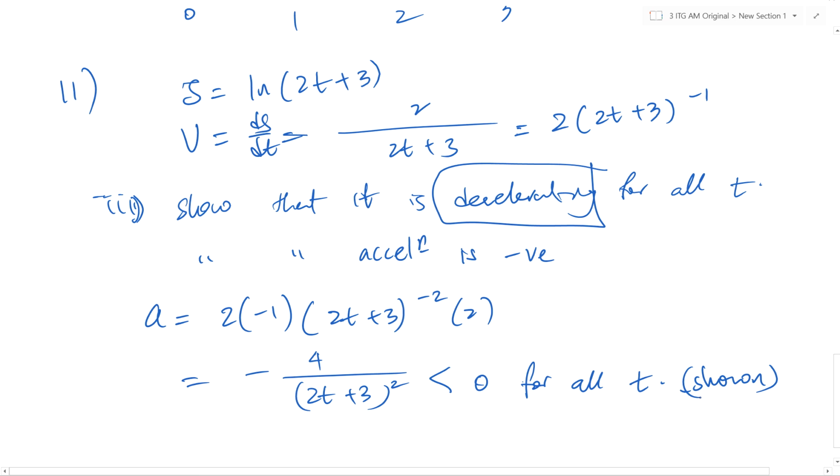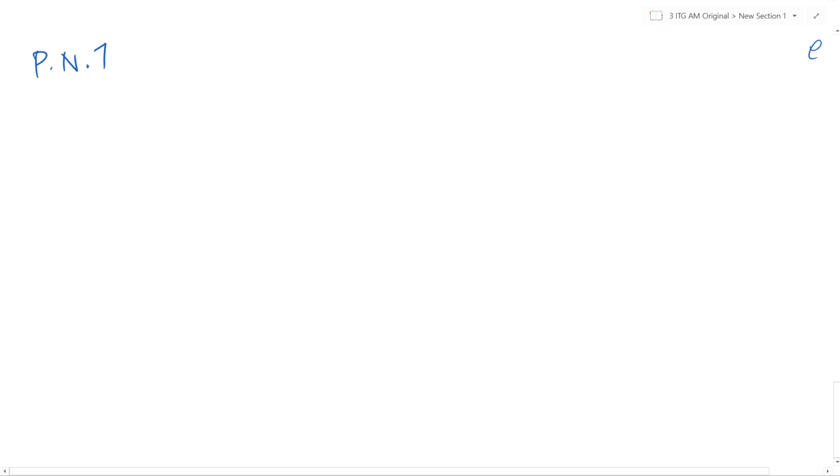Alright. Again, traveling in a straight line, velocity is equal to some constant times of 2 minus 5e to the power negative t.